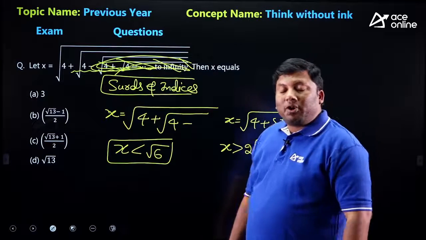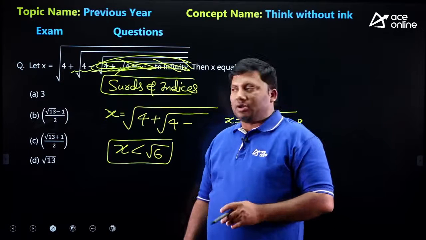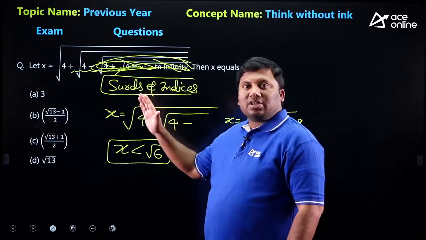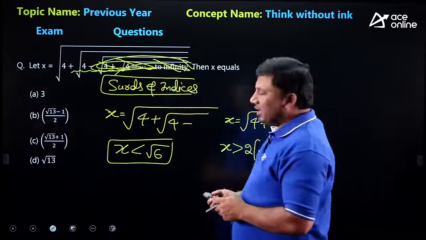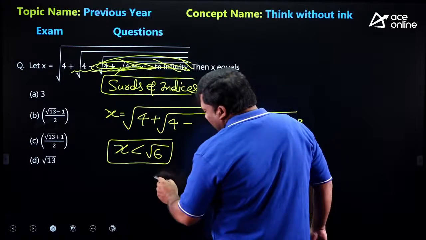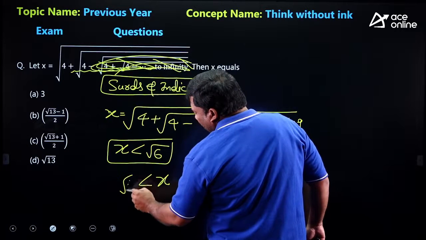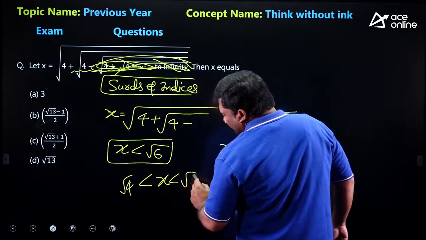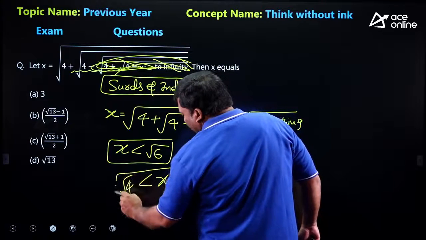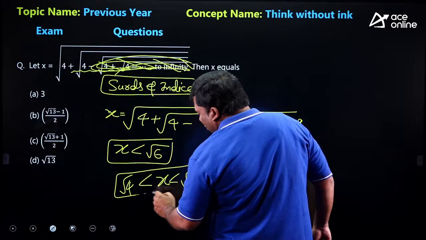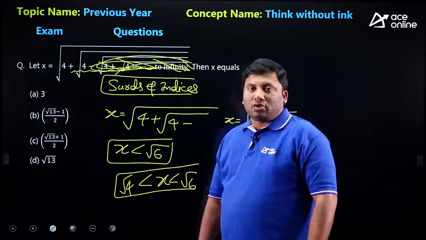This is a very important idea to solve the question. x will be less than root 6 and x will be greater than root 4. That means x will lie between root 4 and root 6.